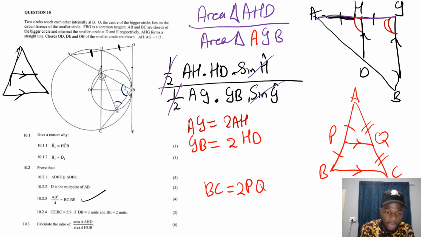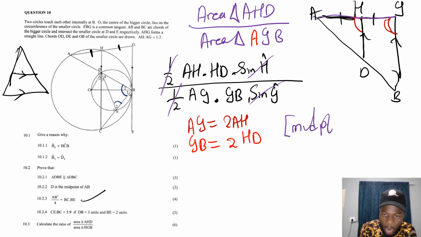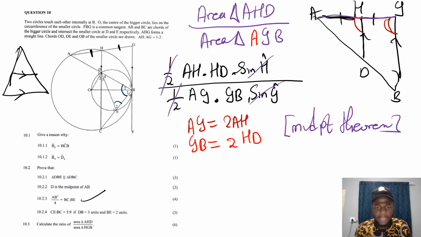That's it. That's the midpoint theorem. So we must also write the reason: midpoint theorem. Sorry for that. Hope you all saw how to do this. Midpoint theorem. Perfect. Both of these have the same reason.